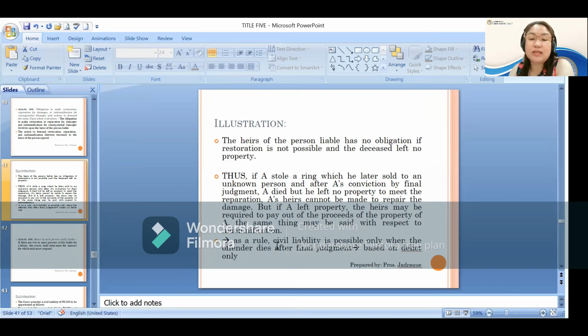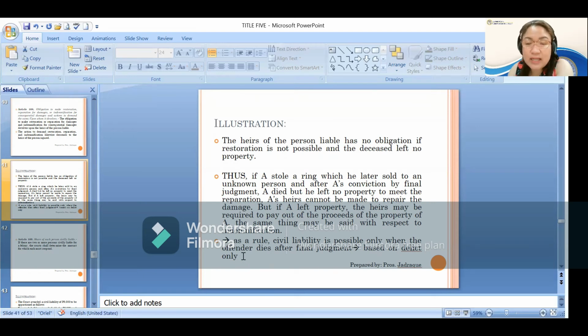Okay, based on delict. Because if the accused died before final judgment, as a rule, since his death extinguishes his criminal liability, but at the time of his death he is not yet convicted by final judgment, it follows that there is no civil liability. So that's why you have there based on delict only.